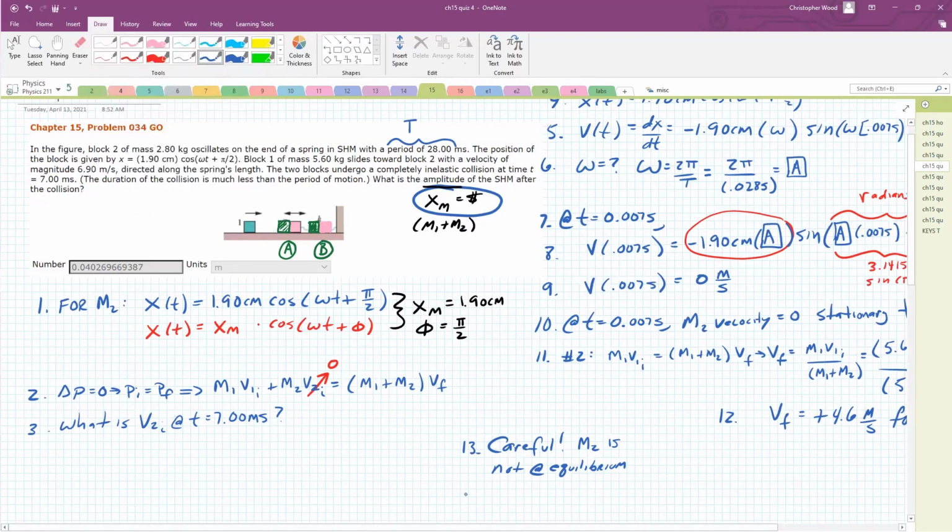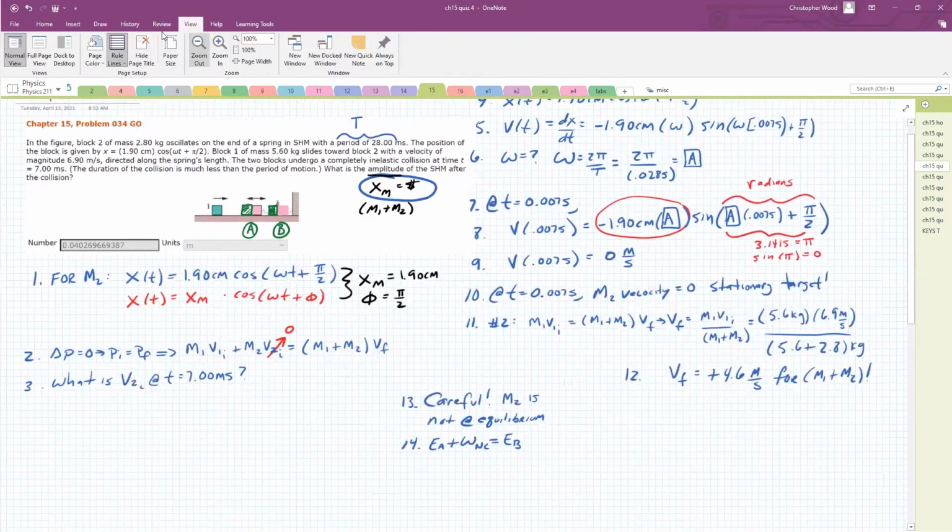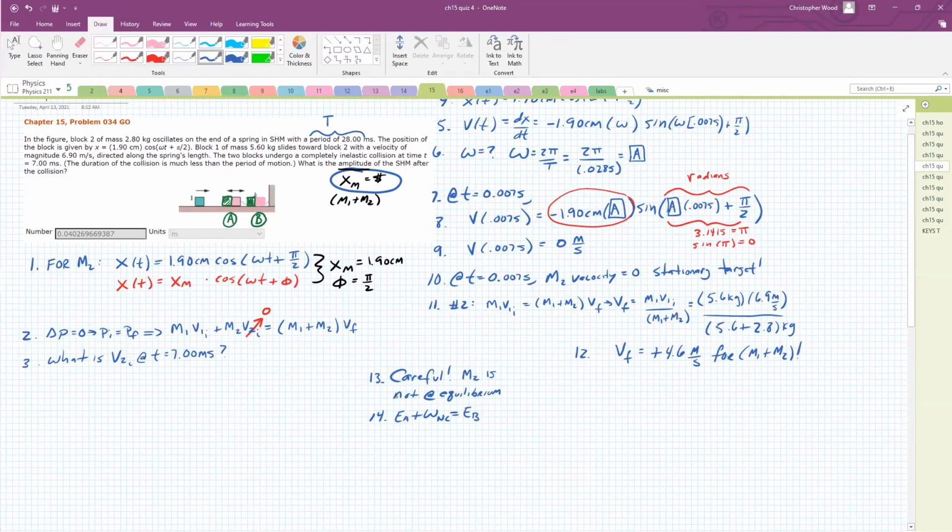So number 14, whatever energy I have at A plus non-conservative work that adds energy or steals energy equals my energy at B. Number 15 becomes, well, at energy state A, I could have some kinetic energy.